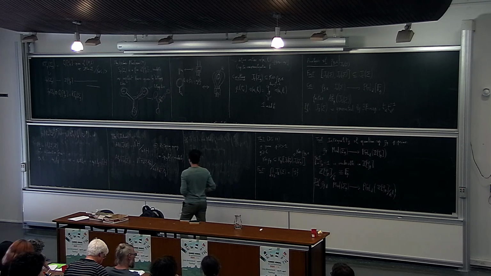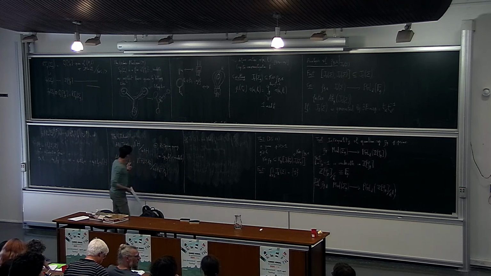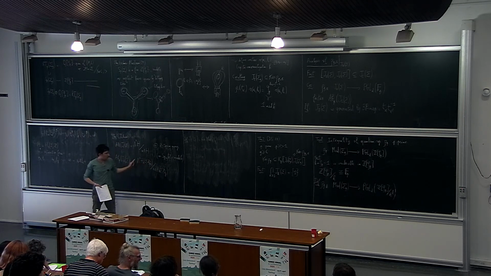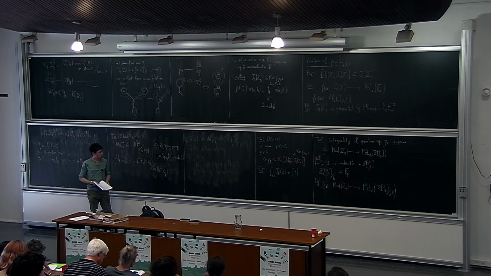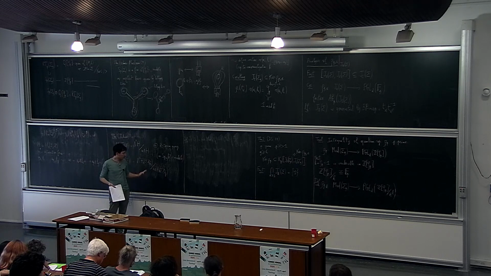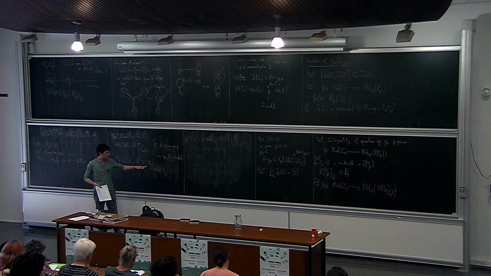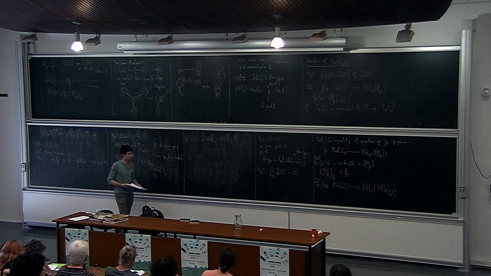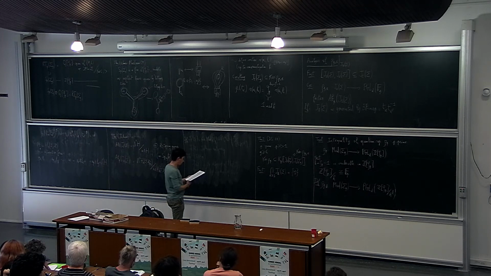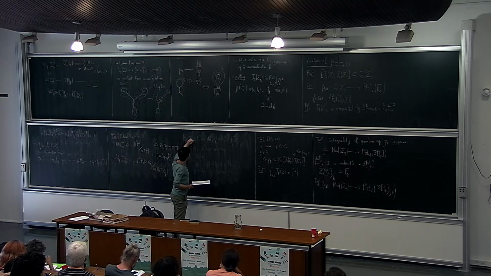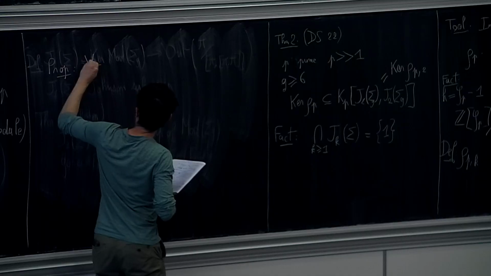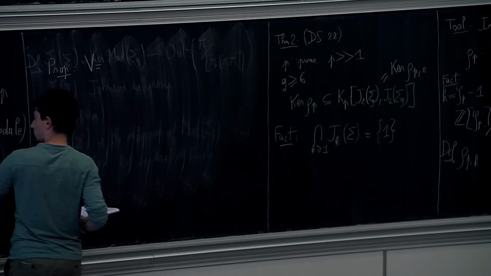Okay, so that means that we would like to understand this representation better. Compared to the representation that appeared in this talk, this is a modular representation because it has coefficients in a finite field. So one thing that we would like to know is whether it's irreducible. I will write V for this representation.